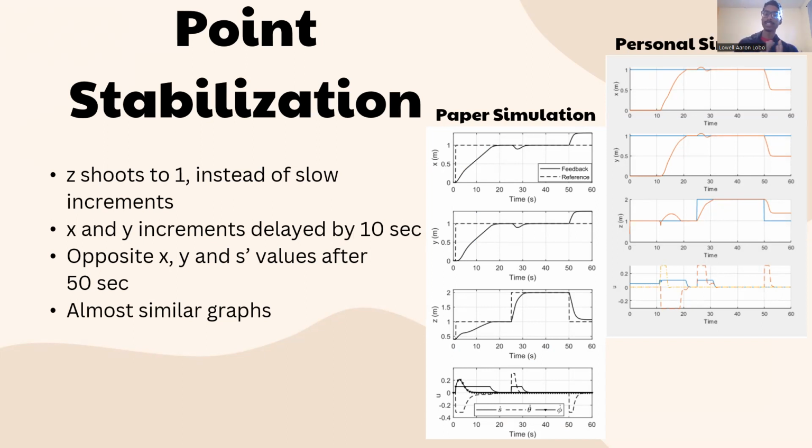Then towards the end, after 50 seconds of simulation time, the X and Y values go upward while the S value goes down in the paper simulation, but it's the opposite in our personal simulation. Otherwise, the graphs look very similar. Any discrepancies we would try to explain a little bit later in a separate section. In this section, we're just looking at the results and what we're inferring from them.